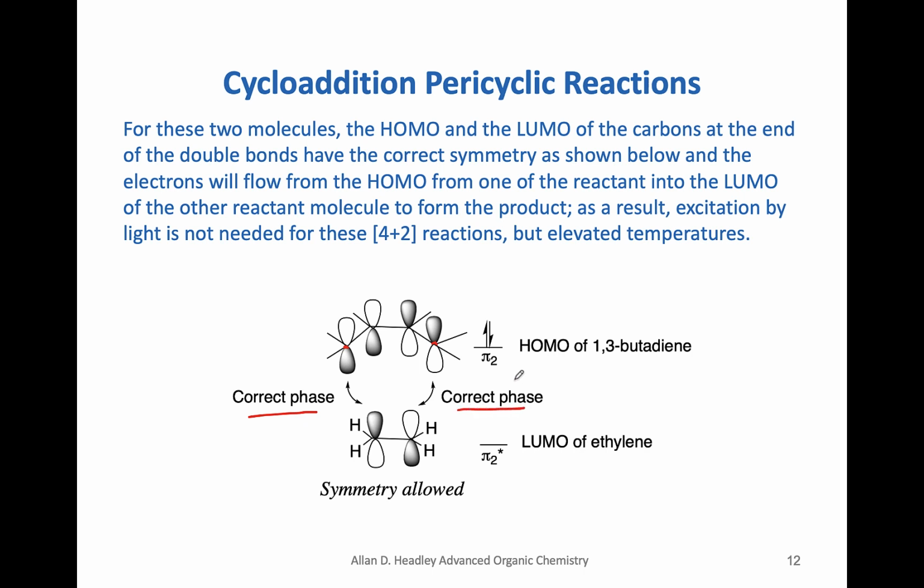So that is why we need not excite an electron to get another orbital, or a higher molecular orbital, with a different phase for this reaction to work. It works with the ground state orbitals. So what's required here is just heat and not specific energy such as light.